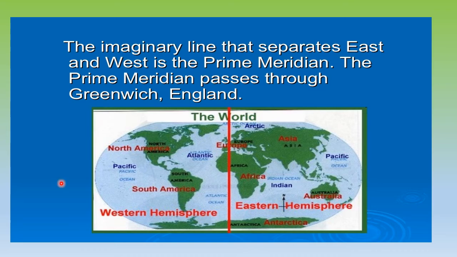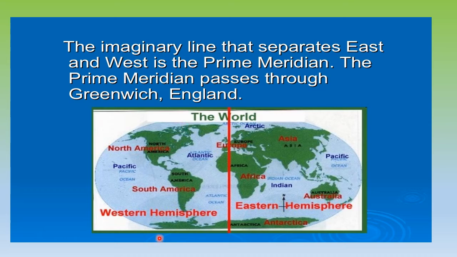Now students, if you see on the world map or on the globe, this red line is considered as your 0 degree longitude, which is also called the prime meridian. If you take any round object, like a ball or an orange, it is very difficult to find a dividing line, though you can easily locate the center.